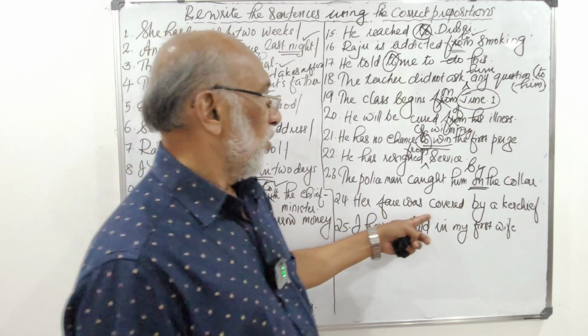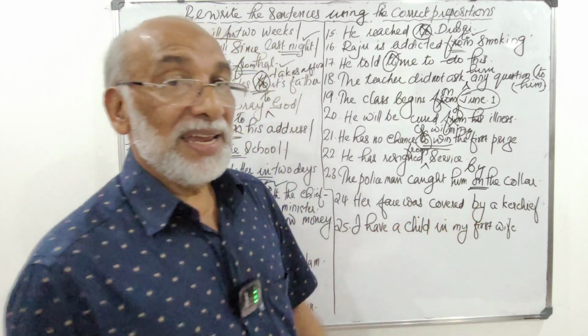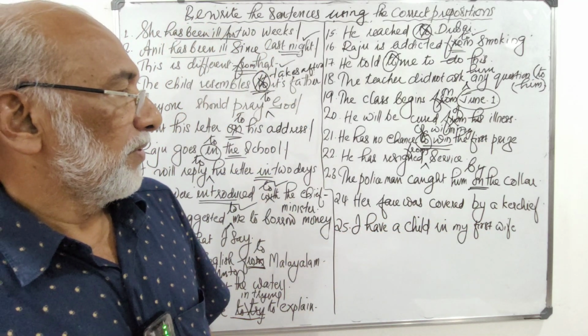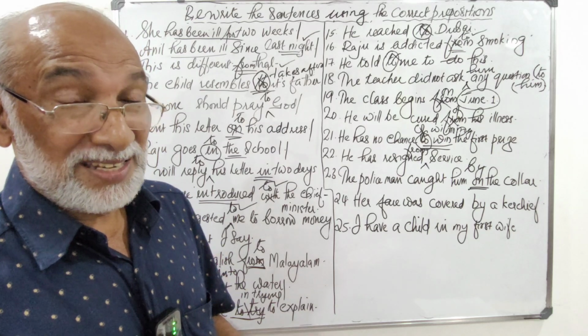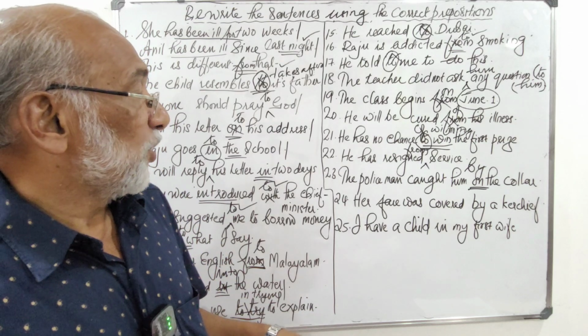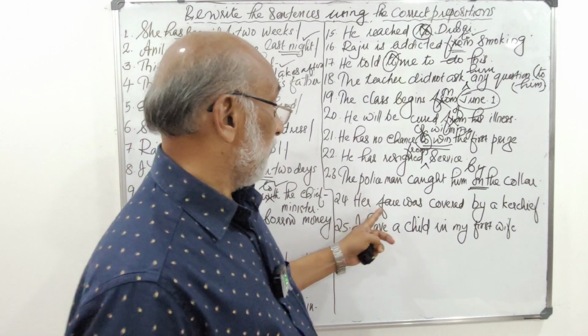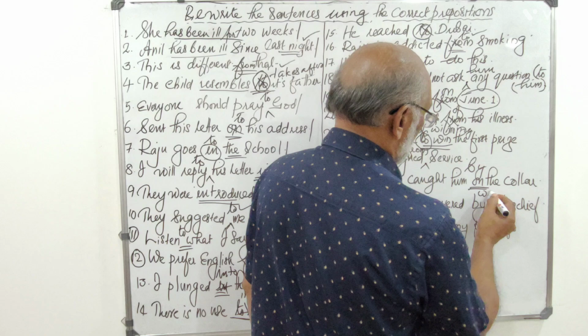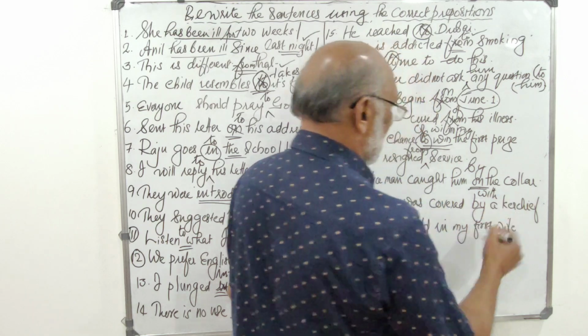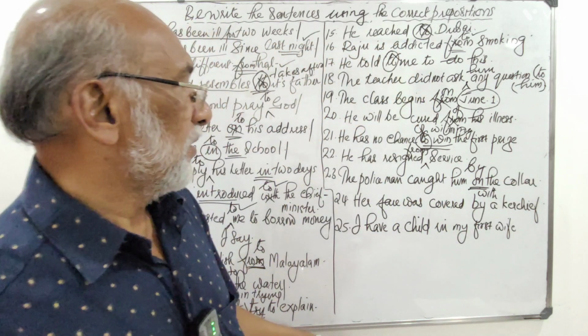Then 24th. Her face was covered by a kerchief. Kerchief is not going to cover her face. It is somebody who has done it. Her face was covered with a kerchief. That means somebody covered her face with a kerchief, not by a kerchief.